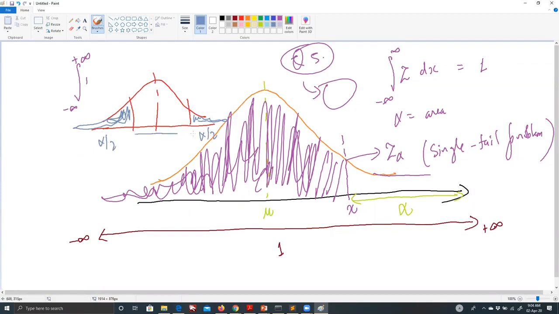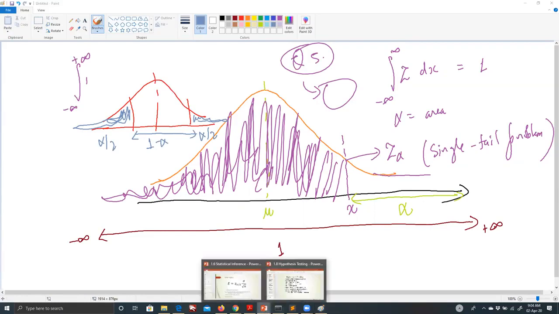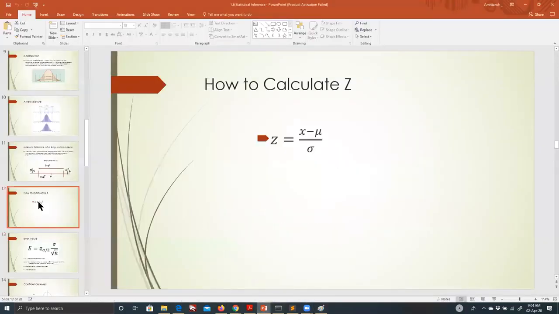So again, the overall area will be 1 minus alpha. Now there are multiple ways to calculate the z itself. The very first way that you just saw is, you might be given the x. So you need to know how far away from the mean you are, x minus mu, and divide by the standard deviation. That will give you z.